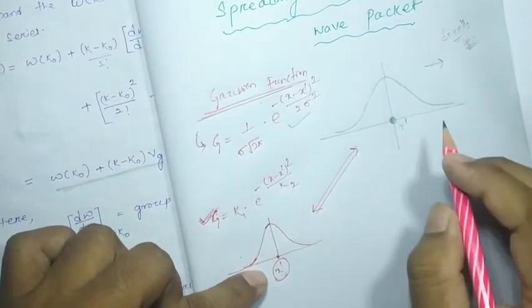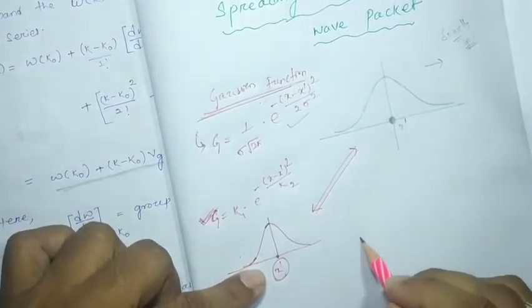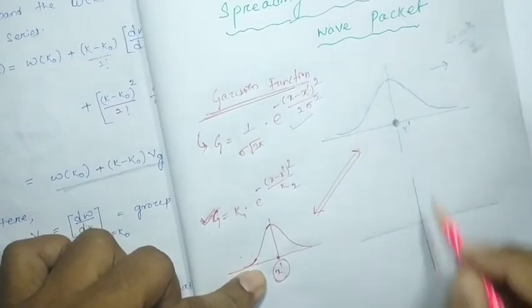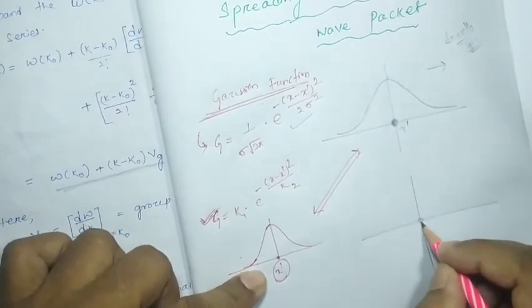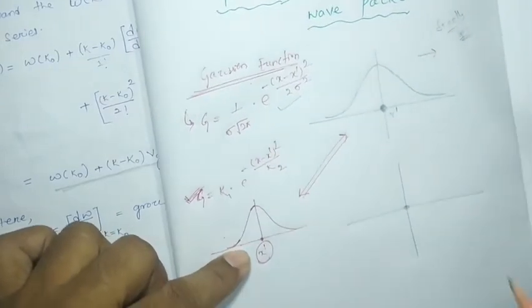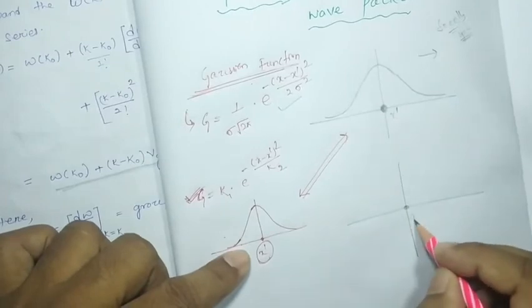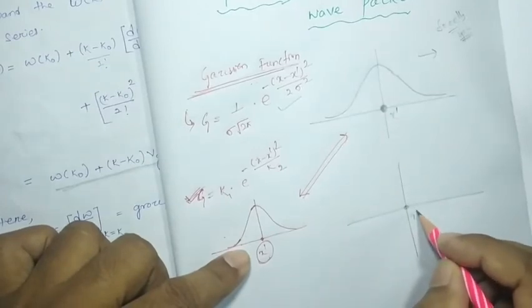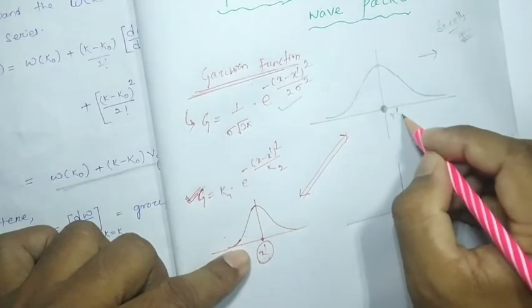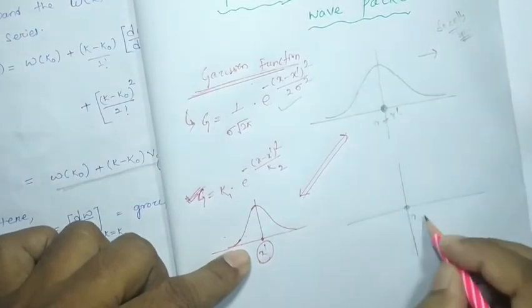Okay, now here the particle is situated at x dash. Suppose the particle is moving along the x axis, and it is situated at the origin. So here x equal to x dash, so x equal to origin.